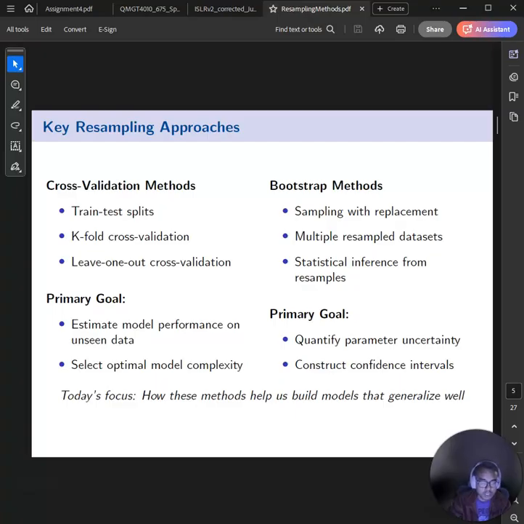Both approaches are computational techniques that leverage the power of modern computers to perform analysis that would have been impractical in the past. Throughout this course, we will implement these methods in R, and show you how they help us build models that generalize well to new data. In the next section, we will dive deeper into the train test split, which is the simplest form of cross-validation.